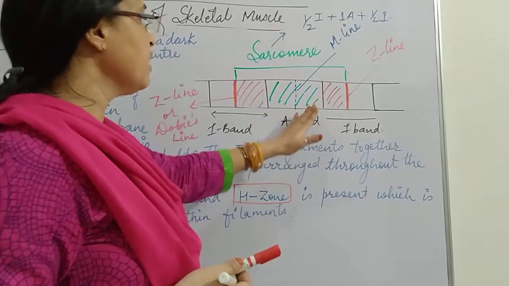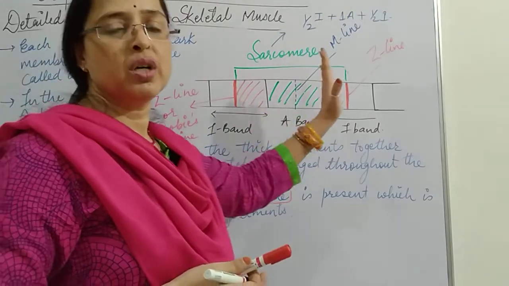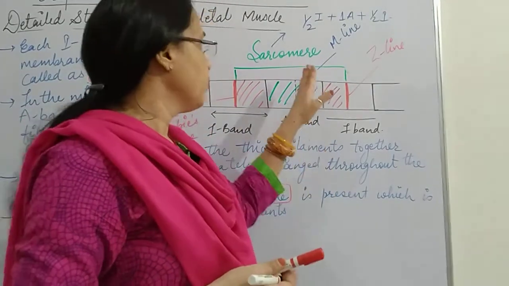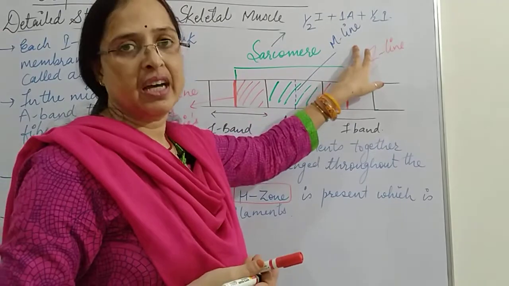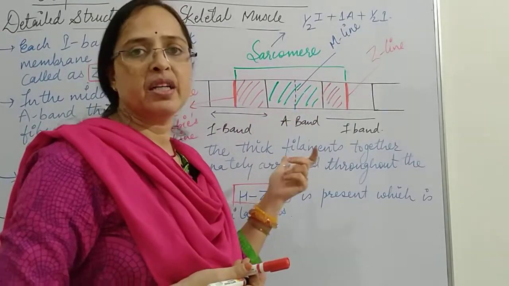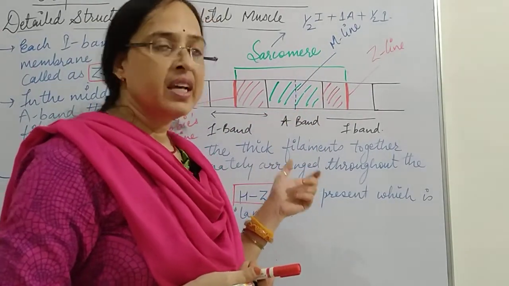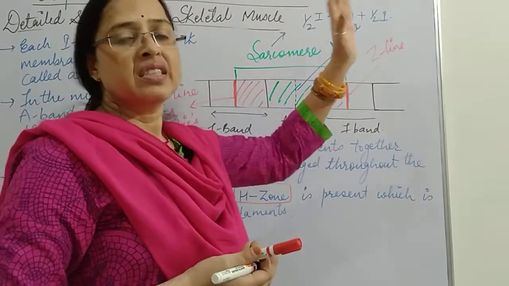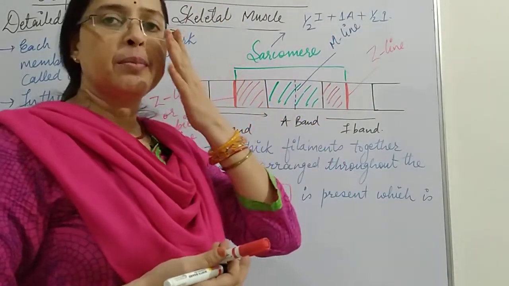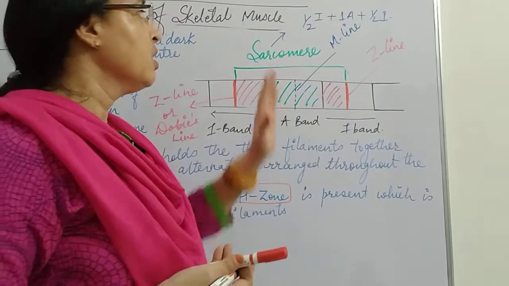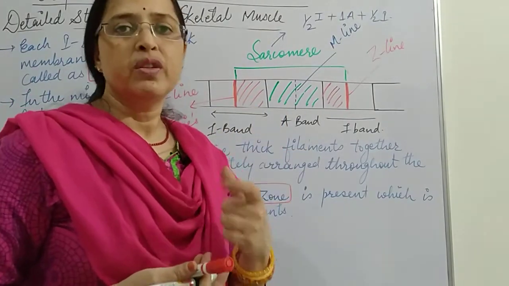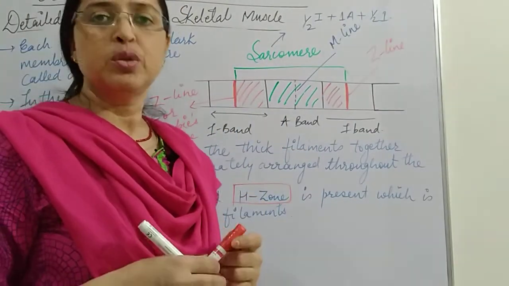Then in between the A band, there is also a fine membrane which is called the M line, which divides the A band into two regions. And in the center of this M line, there is a zone called the H zone.